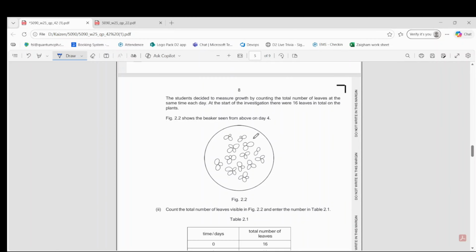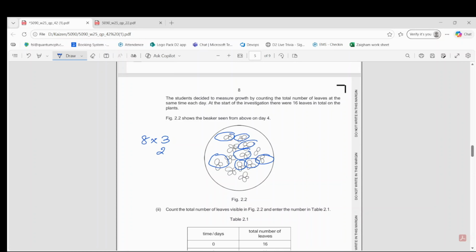The next one is, how many leaves can you see over here? You have to count them. Let's say I'm counting the ones which have 3 leaves: one, two, three, four, five, six, 7, 8. So 8 into 3. We have to calculate all; I'm just giving you a shorter way.